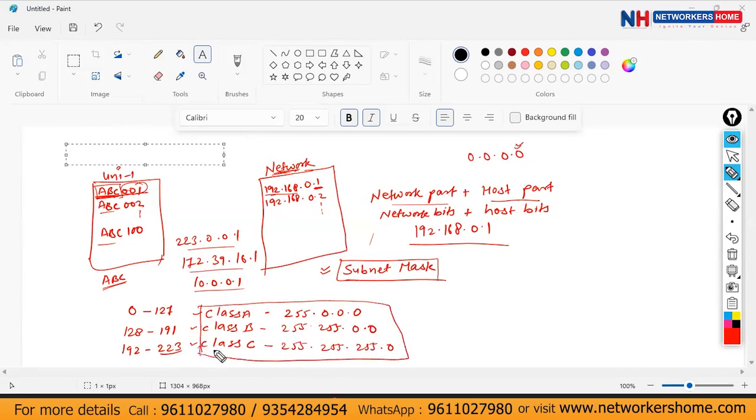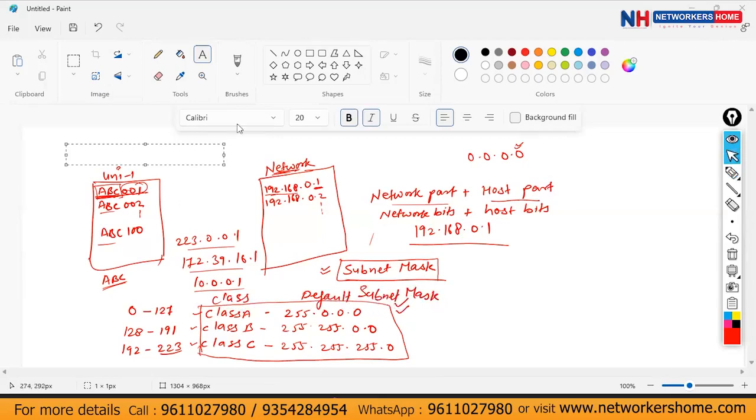But what exactly is your subnet mask? You can define it like this: it is a 32-bit binary number that differentiates between the network part and the host part of an IP address. Your subnet mask is simply going to tell you which part is the network and which part is the host. Okay, so note this down. This side you can say class, and this is the default subnet mask.